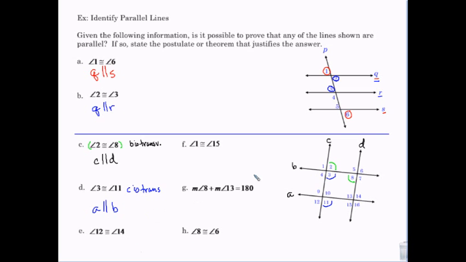If I say 12 and 14, 12 is here, 14 is here. They both connect to line A, so A is the transversal. They're on the outside of lines C and D. So they would make C parallel to D.